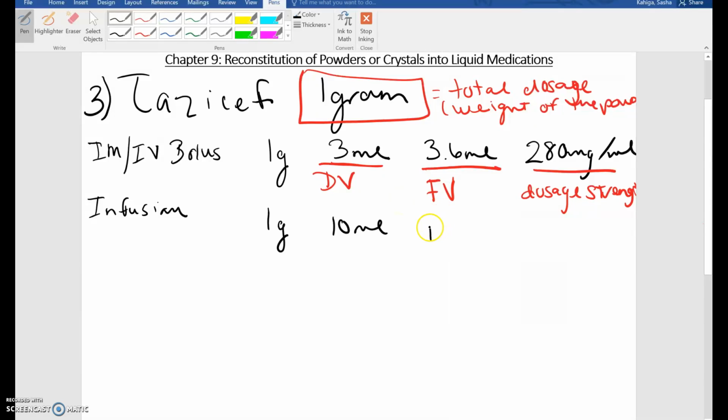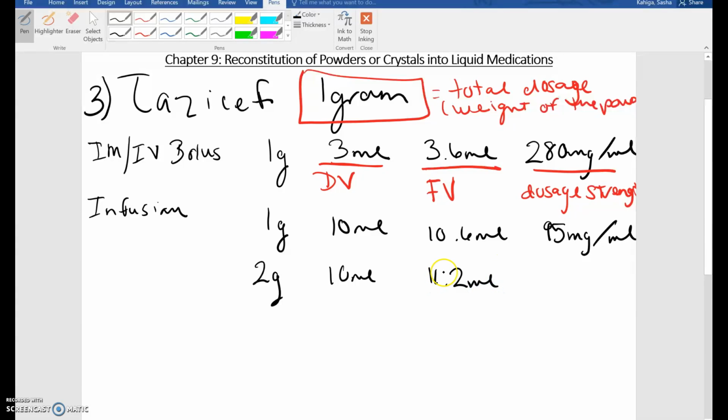That gives them a 10.6 milliliter volume, which gives them a 95 milligram per milliliter dosage strength. If it was 2 grams, they will add 10 milliliters of volume, which gives them 11.2 milliliters of approximate final volume, which gives them a concentration of 180 milligrams per milliliter.